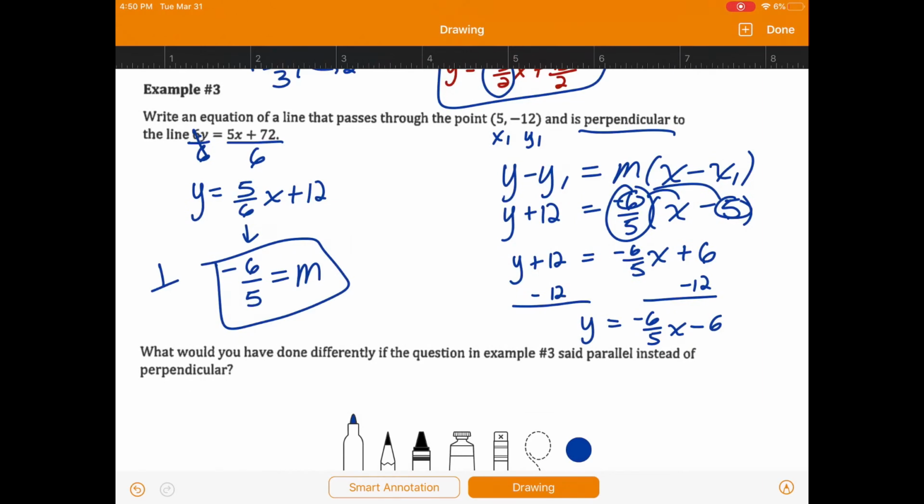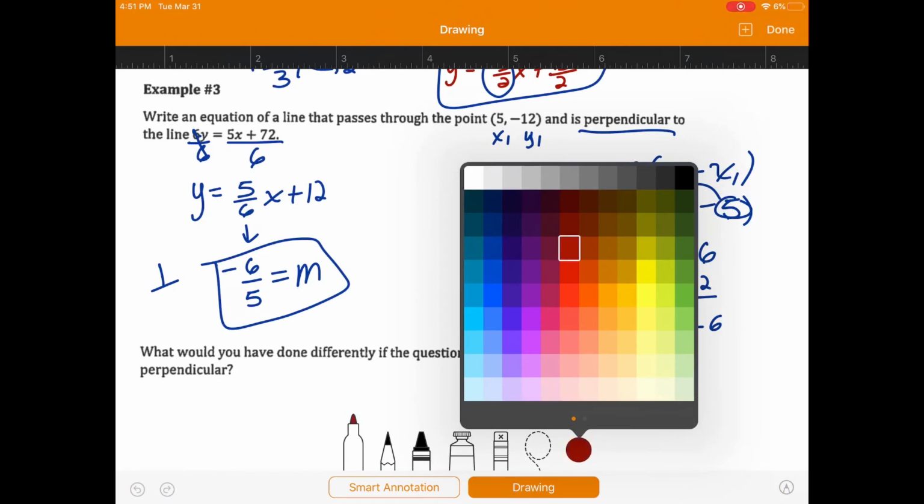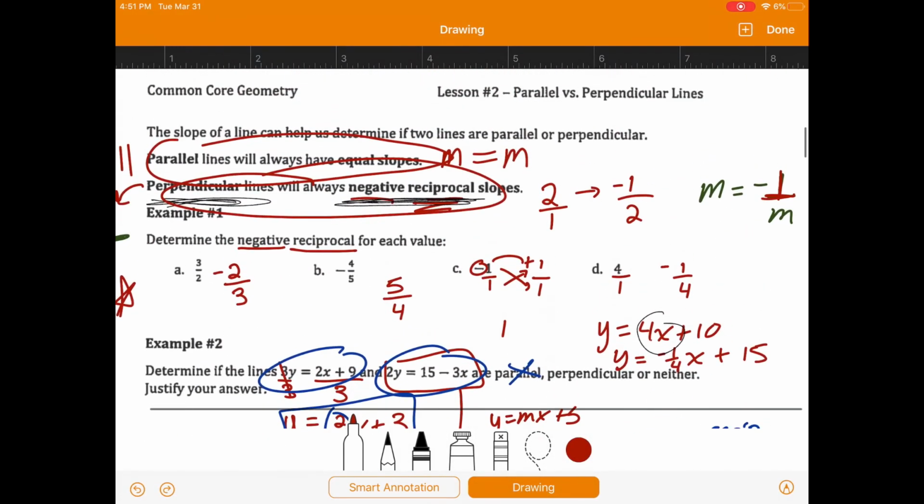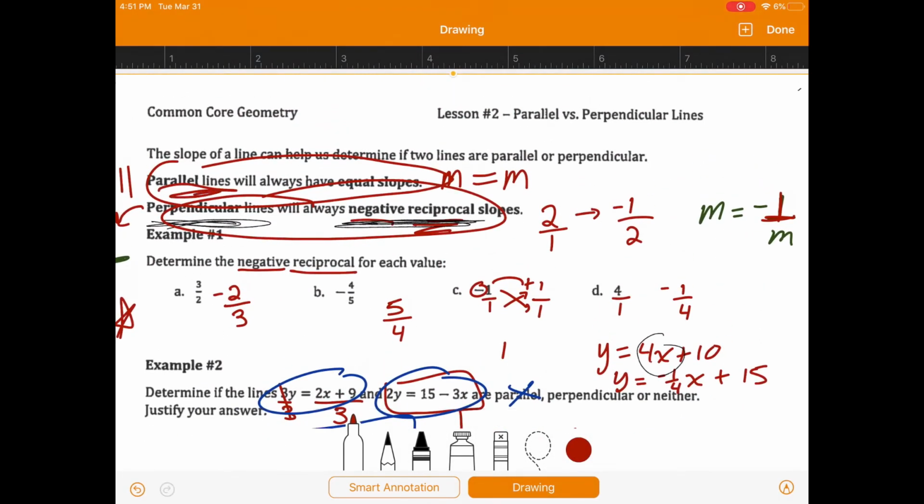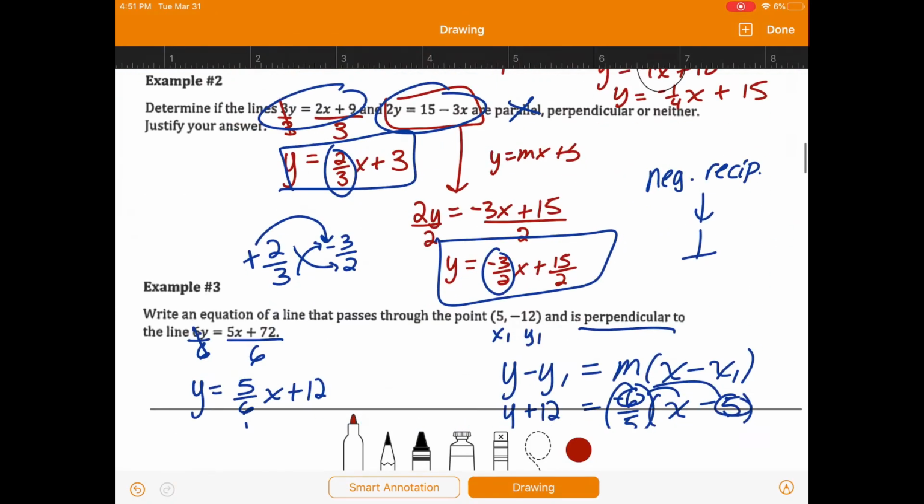Okay. The next part is asking, what would you have done differently if this one that we just worked on said parallel instead of perpendicular? The only thing we would change is that this part right here, we wouldn't try and do the negative reciprocal. We would try and make it the same slope. Because if we look at our rules, parallel lines have equal slopes.